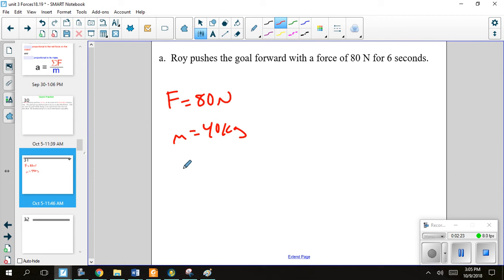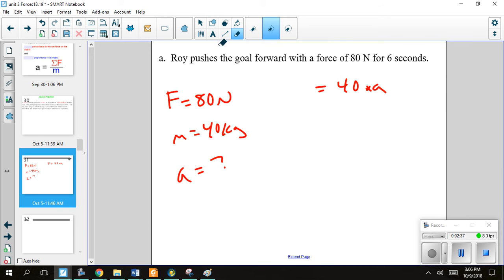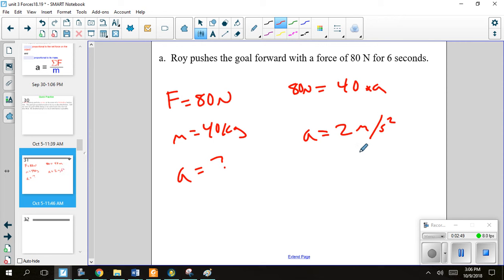Acceleration we don't know, so force equals mass times acceleration, and with our force at 80 newtons, our acceleration ends up being 2 meters per second squared.